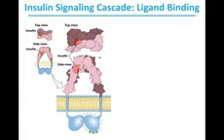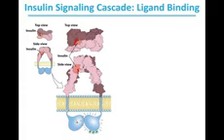The alpha subunits contain the insulin binding domain, as shown here. Insulin is this red colored molecule that binds at the interface of the two alpha subunits. Once the insulin molecule binds, a signal is transmitted through to the beta subunits, and the beta subunits get activated.